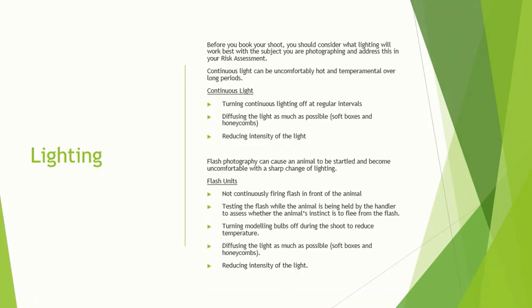So lighting is something that's really important to consider before you do your shoot. You've got two types of lights, really. They fall under two categories of continuous light and flash photography, and both of these have their pros and cons, and are different with different animals. So it's important that you consider that first.